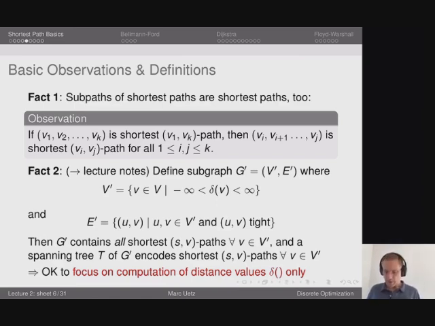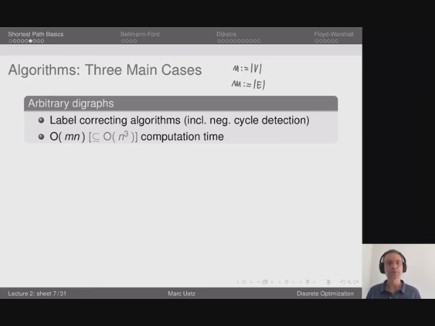Now we are going to look at three algorithms. That's what I said, and that is essentially three main cases which are different and interesting. So with respect to computation time, notice that n, as usual, denotes the number of vertices, and m denotes the number of edges of a graph. So for arbitrary directed graphs, we use a so-called label correcting algorithm, which includes detection of negative length cycles, and that will have a computation time of order m times n.